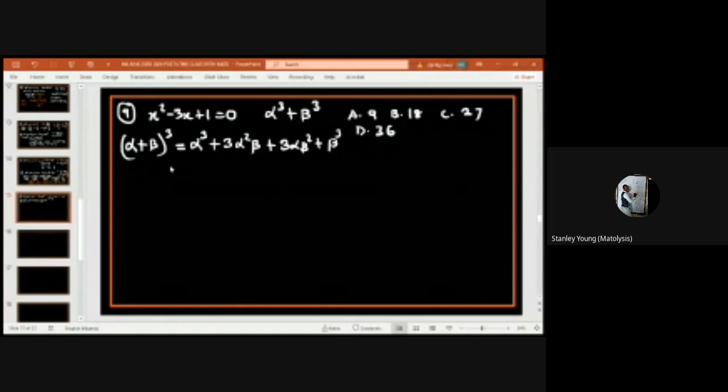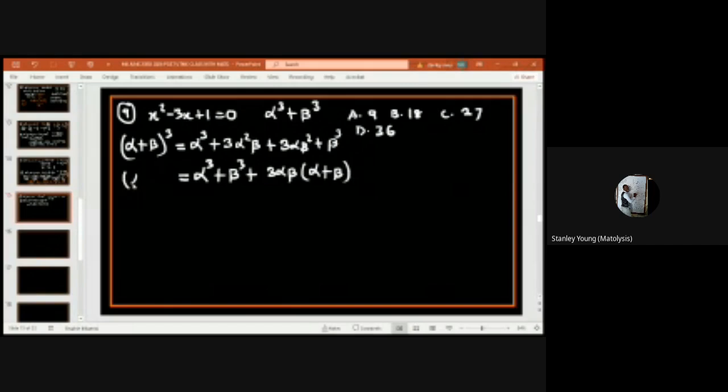So (alpha plus beta) cube equals alpha cube plus that. Regrouping, I have alpha cube plus beta cube, plus what is left: 3 alpha squared beta plus 3 alpha beta squared, which I can factorize as 3 alpha beta into (alpha plus beta).